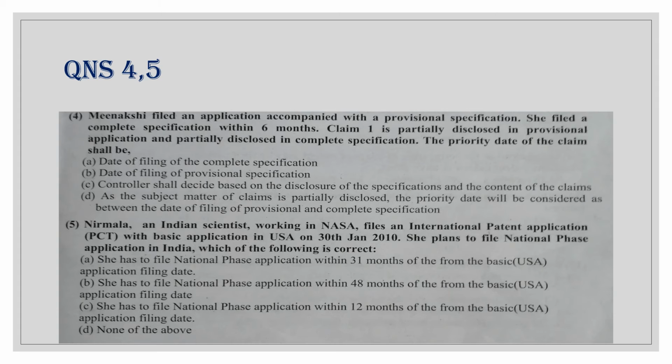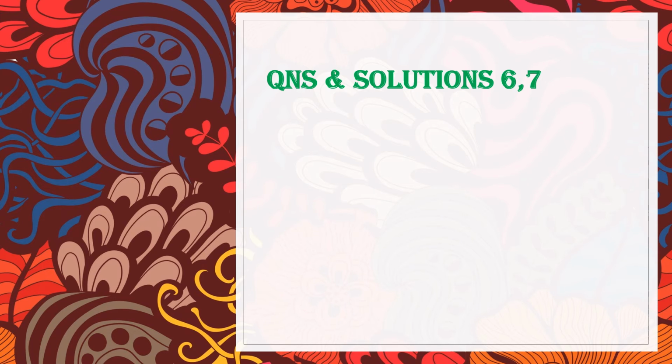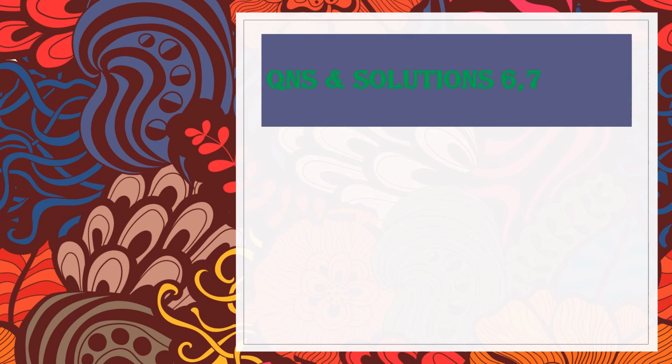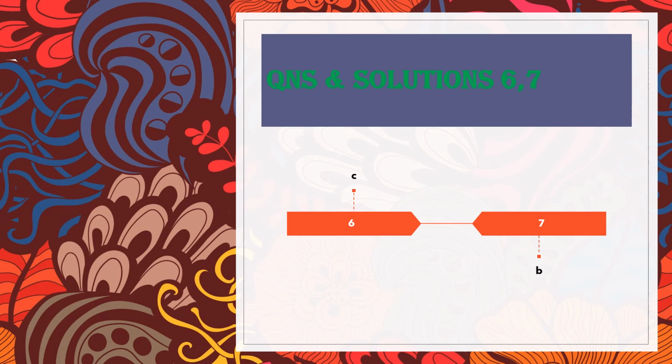Fine. Okay. So let us proceed. Now, questions and solutions 6 and 7. See. Now, the correct option for question number 6 is C, and the correct option for question number 7 is B. Let us proceed for the questions.